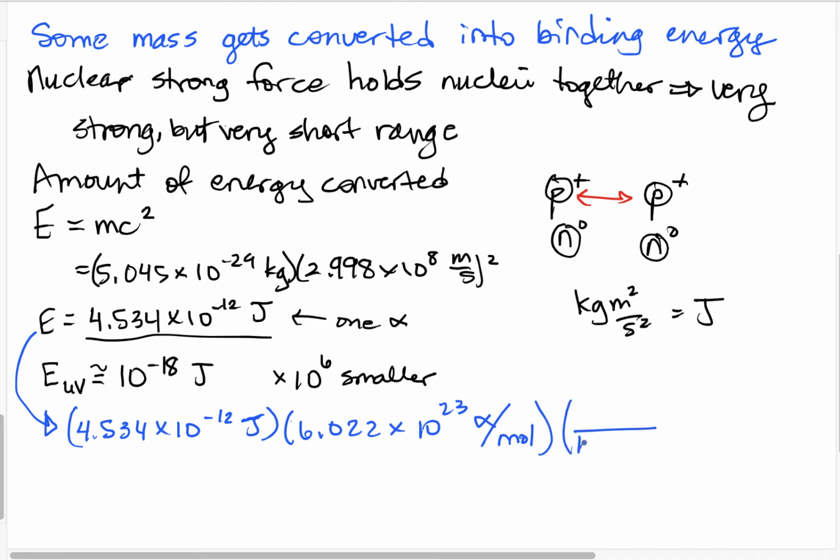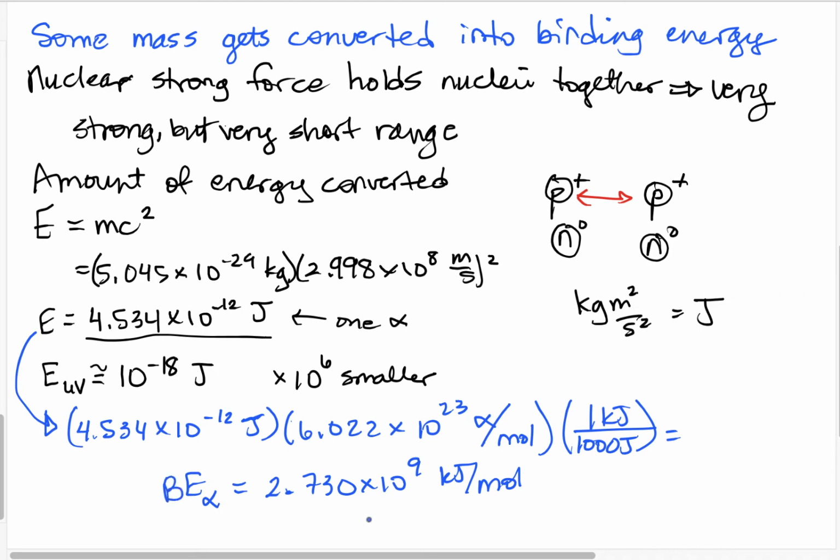And we'll go ahead and convert that into kilojoules at the same time. And this is going to get us 2.730 times 10 to the 9 kilojoules per mole. So this is for my alpha particle's binding energy.